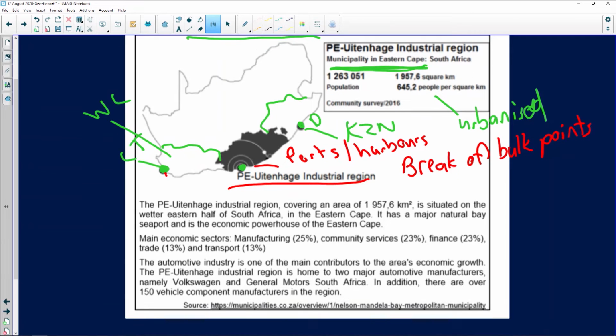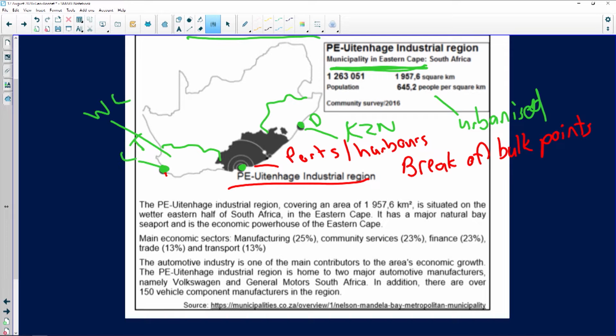Okay, very important. Now, if you just quickly have a look at the case study, they've mentioned over here the Port Elizabeth Uitenhage Industrial Region covering an area of 1,957.6 square kilometers. Luckily, I don't stutter like Jacob Zuma when it comes to numbers. Anyway, it's situated on the eastern half of South Africa in the Eastern Cape.